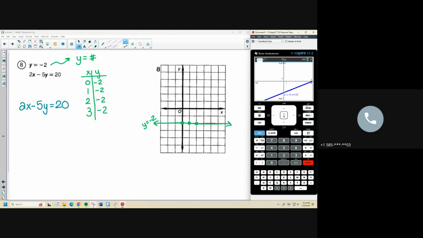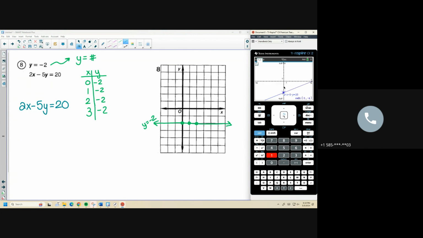If I hit enter, I get my line. Control T is how we see a table. When I do that, though, it says we can't get a table because it's not a function. We haven't defined it as a function. Instead, remember the other way we can get points is by going to Menu, Trace, and selecting Graph Trace.